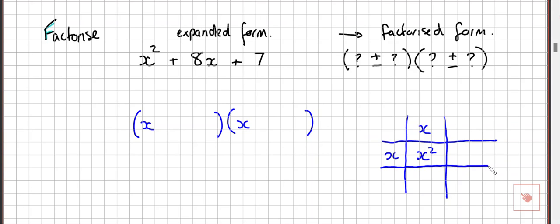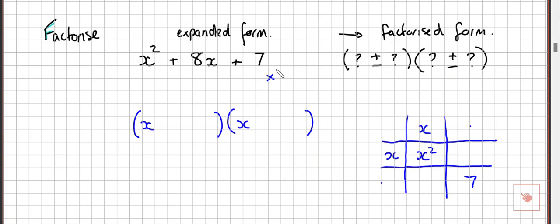Now, using the grid method, we also know that this number in the bottom right-hand corner is going to be what? It's going to be 7. All right. So what numbers must be here and here? Well, those are 2 numbers that multiply to make 7.